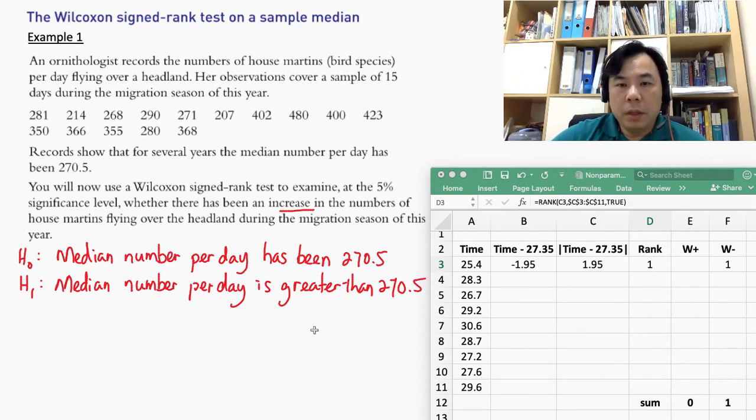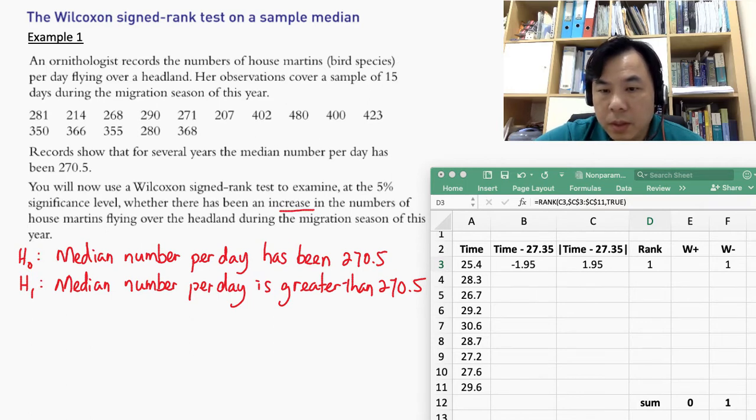Okay. Now next, instead of using binomial distributions, we're going to follow the Wilcoxon guideline. So the first step is to obtain the deviation. Now if you look at the table here, oops, I think I used the wrong example here. It's supposed to be the house martin.